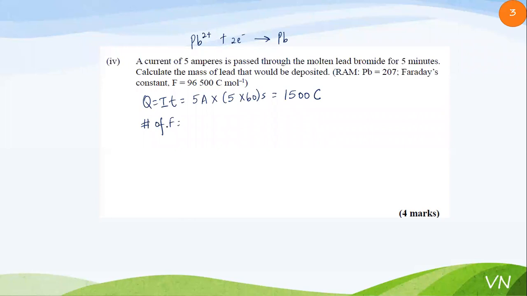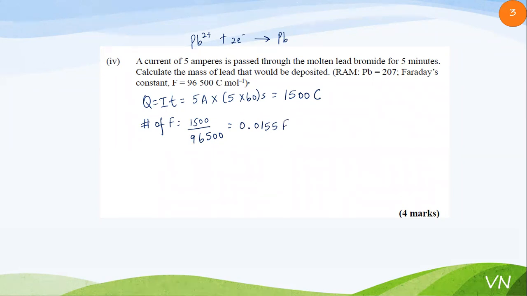All right, so the next step is to find the number of Faradays. The number of Faradays is equal to 1500 divided by 96,500, which is equal to 0.0155 Faradays.